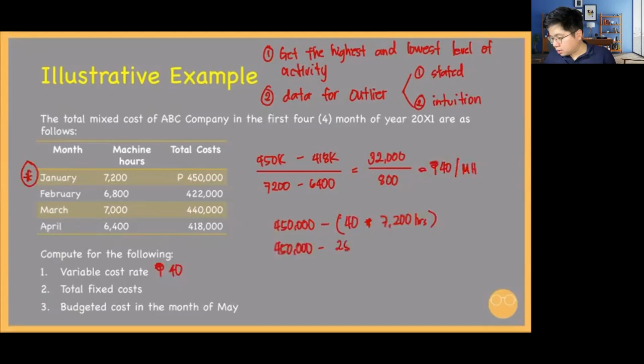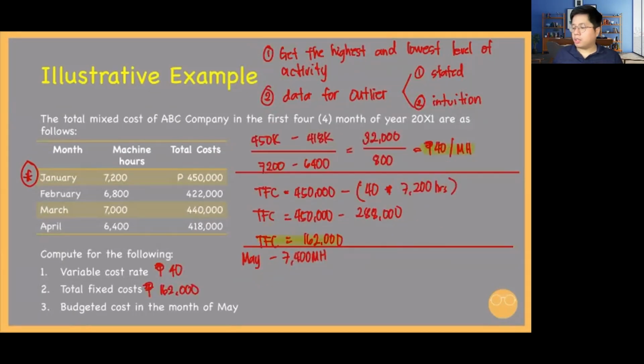This is 288,000. Then we get the difference of these two: 450,000 pesos less 288,000 pesos. You're going to get 162,000 pesos. So TFC is equal to 162,000 pesos. To answer the next requirement, total fixed cost here is 162,000 pesos.